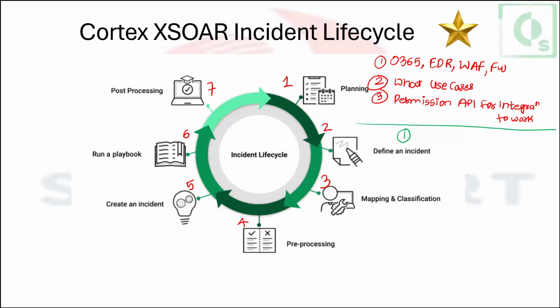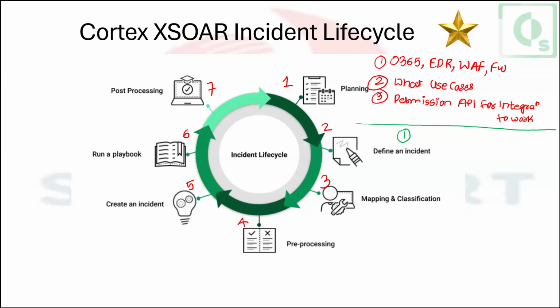So what do we mean by defining an incident in the XOR? Defining an incident to XOR means I need to figure out what fields would be considered as a triggering point of my incident. I repeat, we need to identify which fields in the log sent to the XOR would be used as a triggering point of an incident.